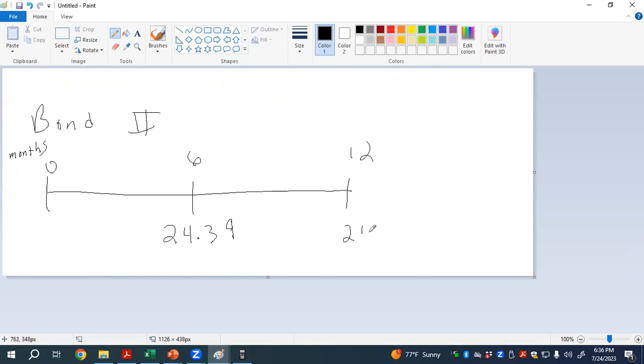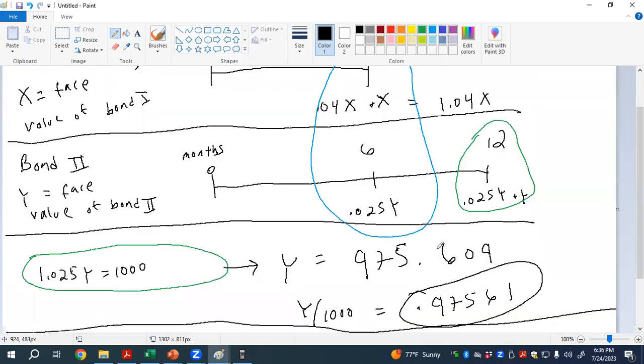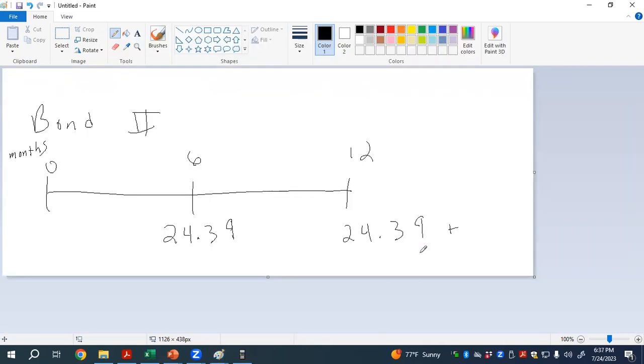Yes, the first coupon, the second coupon, plus for the second coupon, or for t equals 12 for bond 2, it's your coupon plus your face value. So face value 975,609. All right, so we're almost done.